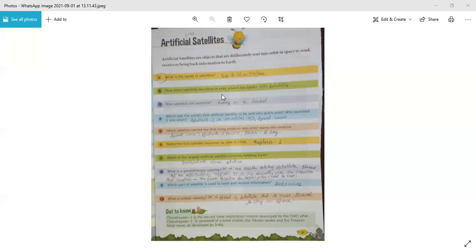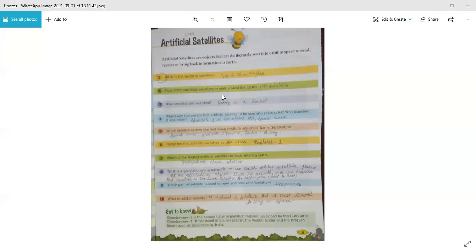Now, seventh is, which is the largest artificial satellite currently orbiting the Earth? Its name is International Space Station. You learn it. Next we have, what is a geostationary satellite?